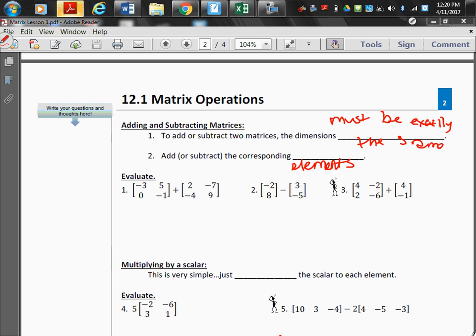Alright. So this one has a plus sign. So let's look at problem 1. You take -3 and it corresponds to 2.